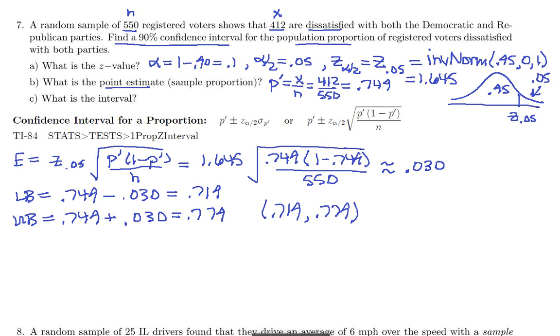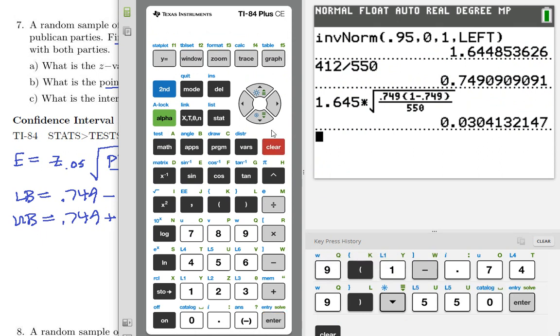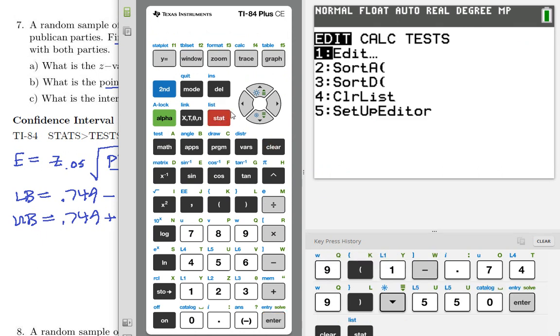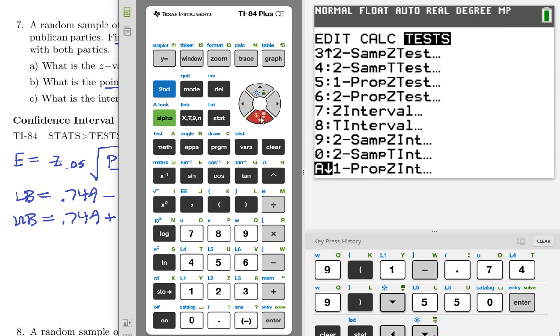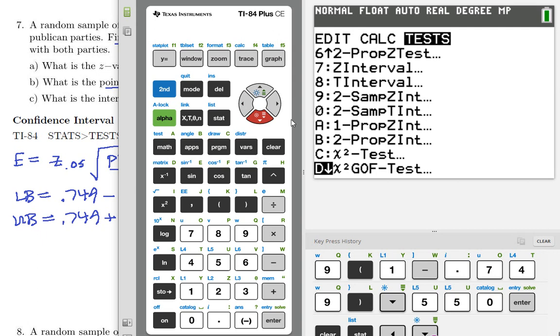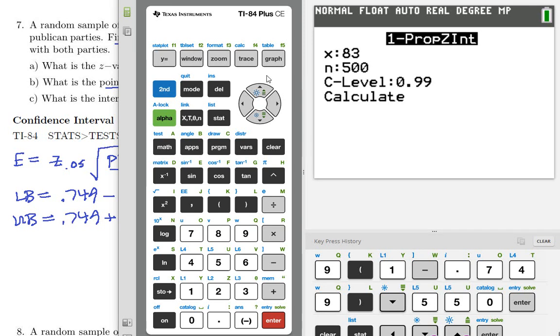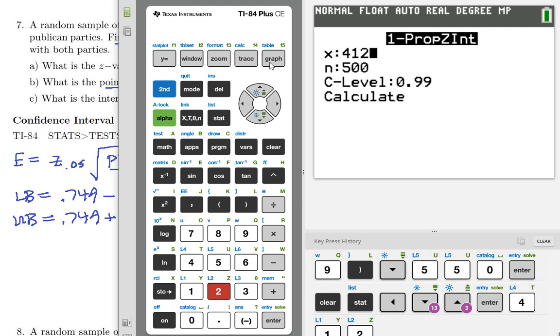Let's do this on the calculator. So we are going to go to stat and then to tests. And we want to do a proportion interval here. So we want to scroll down. We've got one proportion z interval right there, A. So our successes, that was the 412.